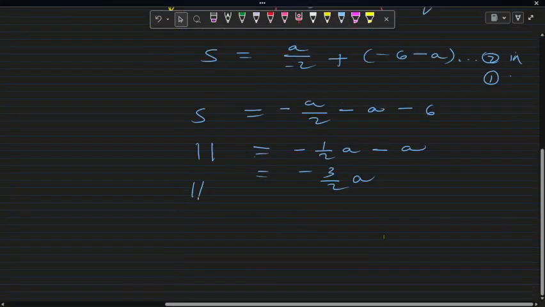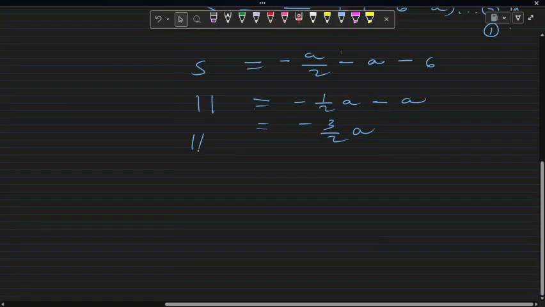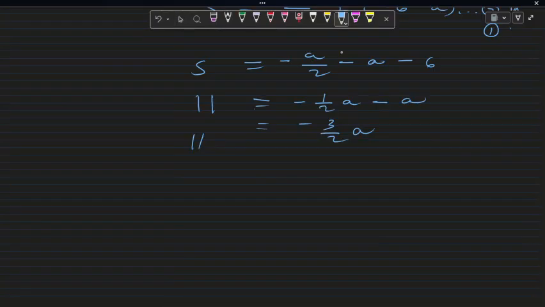Okay, so if I want to determine the value of a, I must divide by -3 over 2 on both sides. So let's do that. So it will be 11 divided by -3 over 2. Okay, so this is the value of a.